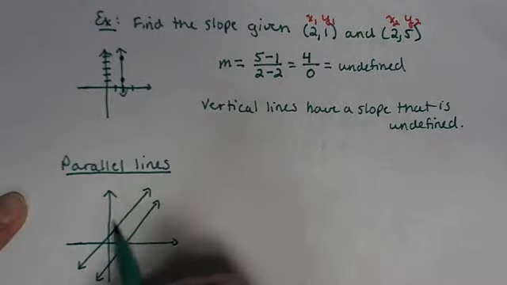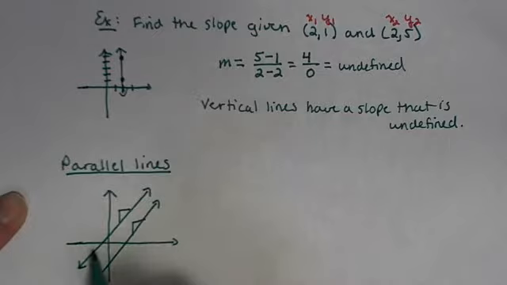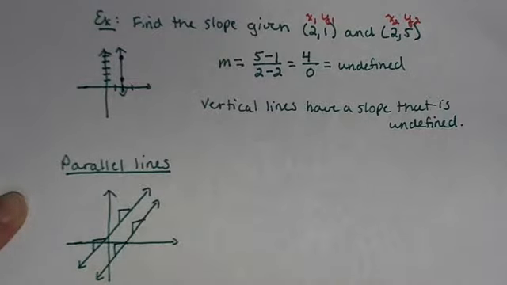Well, they seem to have the same steepness to them. If I were to use some stair steps here, depending on where I am, those actually seem to be the same.